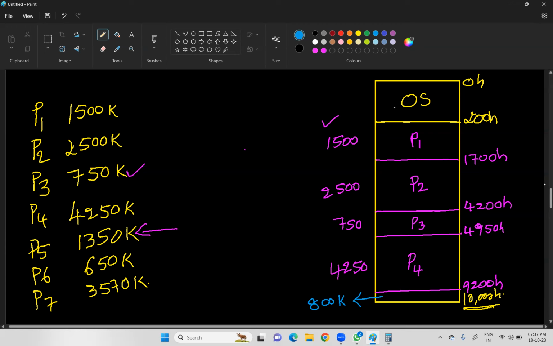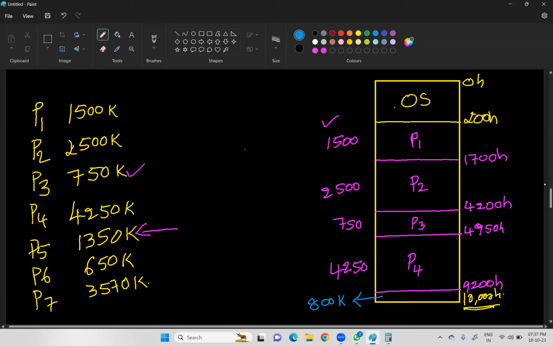So the total number of allocations by your operating system is 4. First hole size is 1500, second is 2500, third is 750, fourth is 4250, and the final hole which was not allocated to anything is 800 kilobytes.